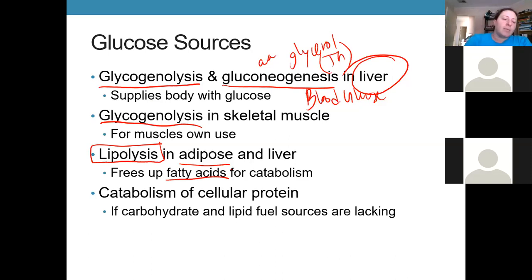Finally, proteins can be broken down by cells so that amino acids can be used for oxidative phosphorylation. So we can have catabolism of cellular proteins. Obviously, we don't want to do too much of that because we were using those proteins. And so the more of those we remove, the less we have to have functions. So that's obviously more of a last resort situation, and major protein catabolism is reserved for true starvation.